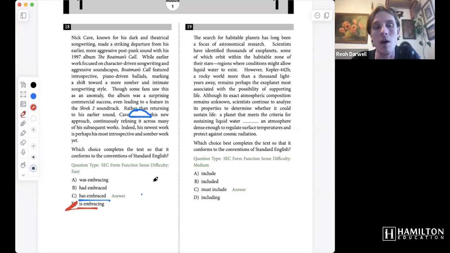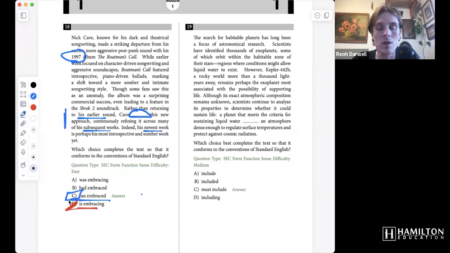However, has embraced shows that he began it at some point in the past. So rather than returning to his earlier sound, he has embraced this new approach, okay? So that means since 1997, that's like 25 years ago or more. So this is something that began in the past, but continues to this day, all right?